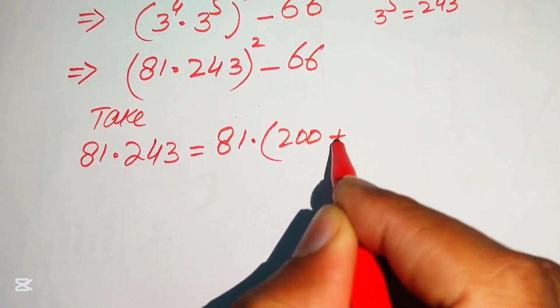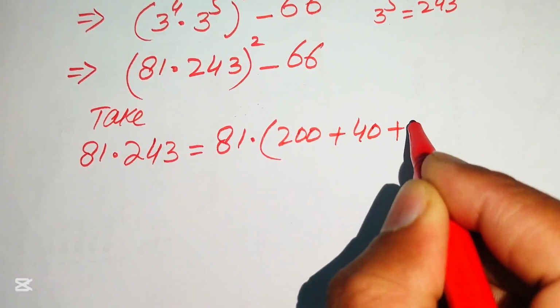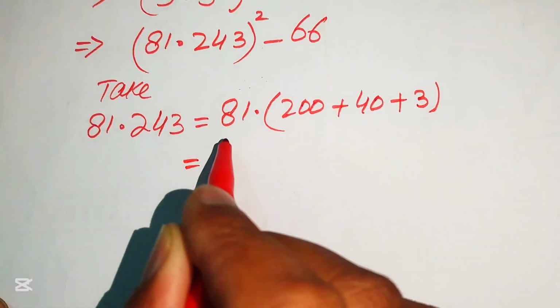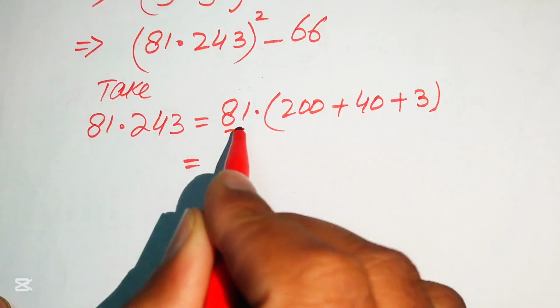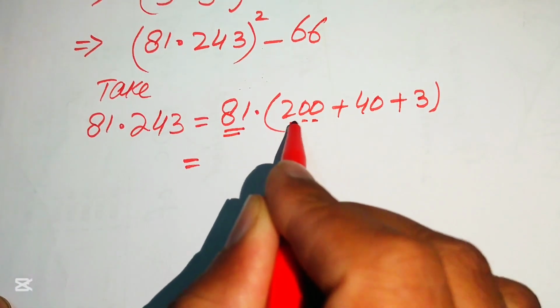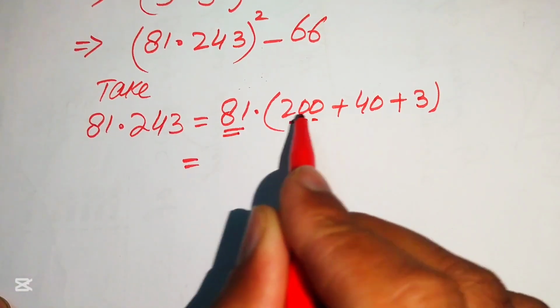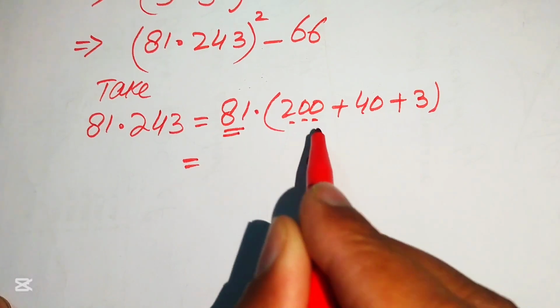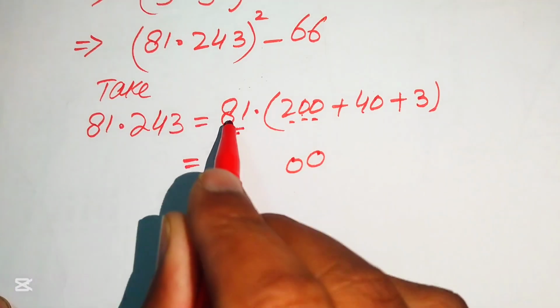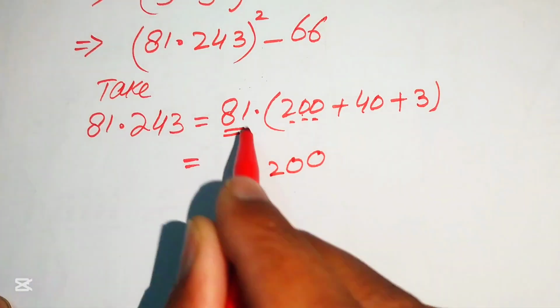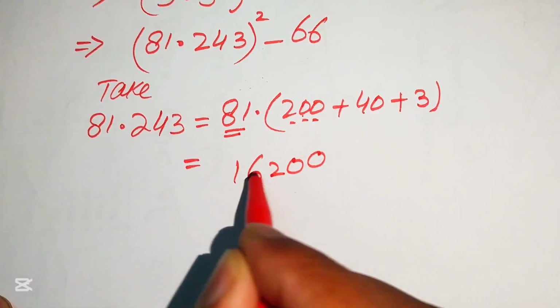We write 243 as 200 plus 40 plus 3. Now we need to multiply 81 with these three terms. You see 81 is our one number and these are three separate numbers. When you multiply 0 with 81 we get 0. When you multiply 0 with 81 we get 0. When you multiply 2 with 81, 2 1s are 2 and 2 8s are 16.